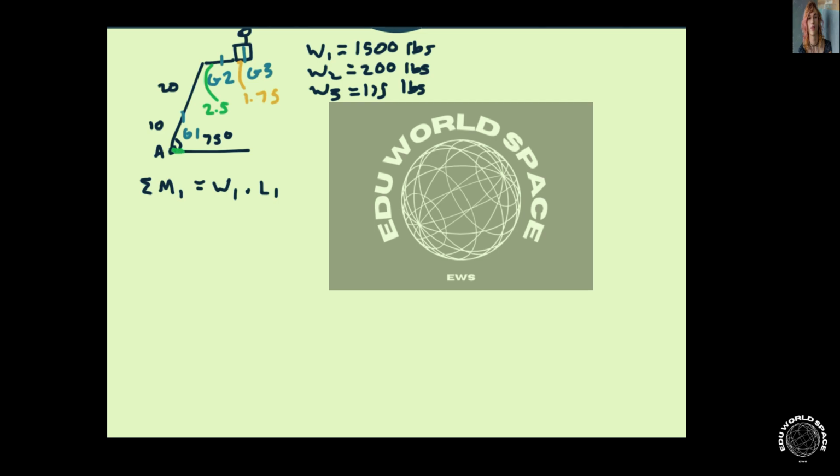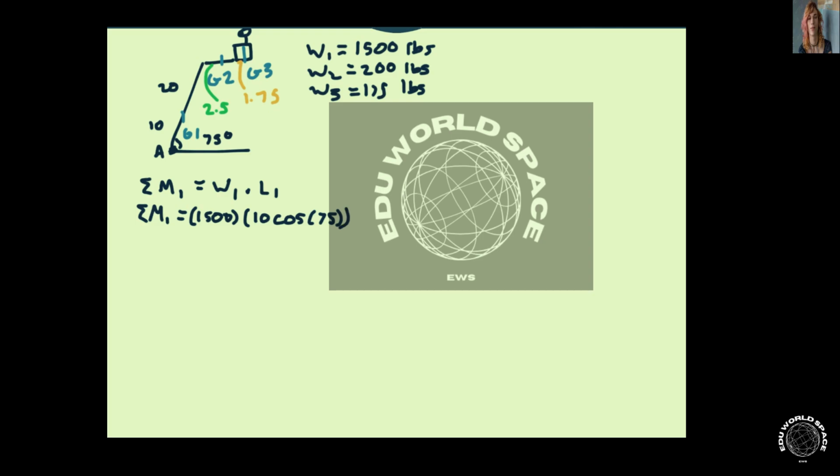Here, it's going to be this length right here, the horizontal section underneath that 10-foot arm segment. So for this first one, our moment is just 1,500 pounds times 10 times the cosine of 75 degrees.